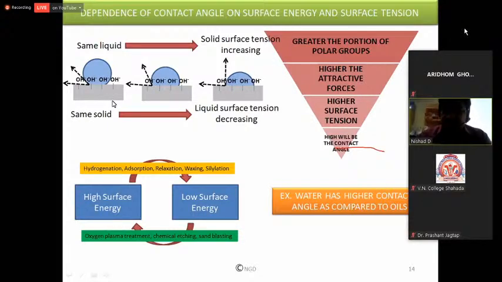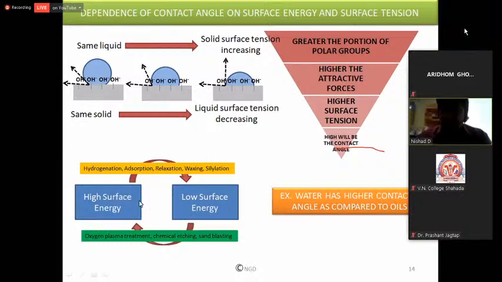So you can see that if I have the polar molecules present on my surface, then these polar molecules can get attached with the molecules by adhesive forces, and accordingly, if there is a strong bonding taking place, then this means that there will be a very good contact angle, or the wettability will be higher. So accordingly, one can actually tune the surface properties, understanding the surface tension on the surfaces and the interfaces.